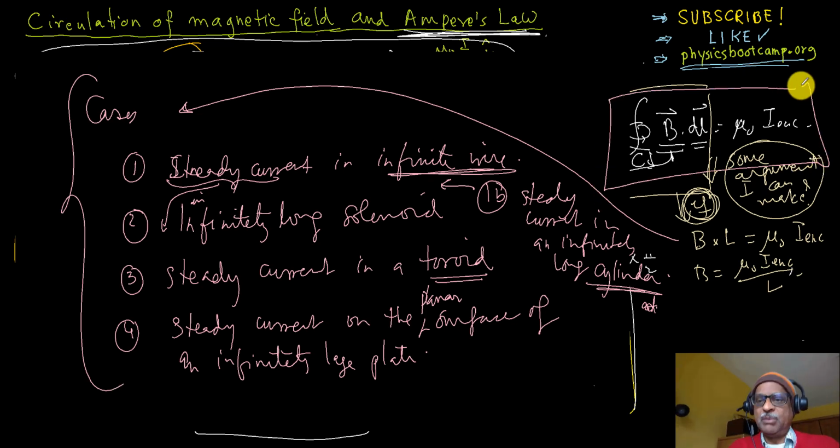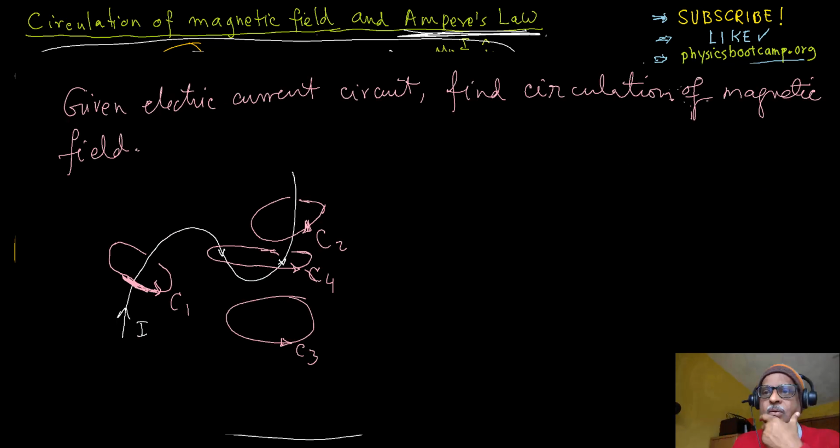But I want you to memorize this formula. This is Ampere's law formula, and what the circulation means. How do you calculate circulation of a given magnetic field? Now, if you give a current structure, you can get the circulation just by itself. Let me also address that.